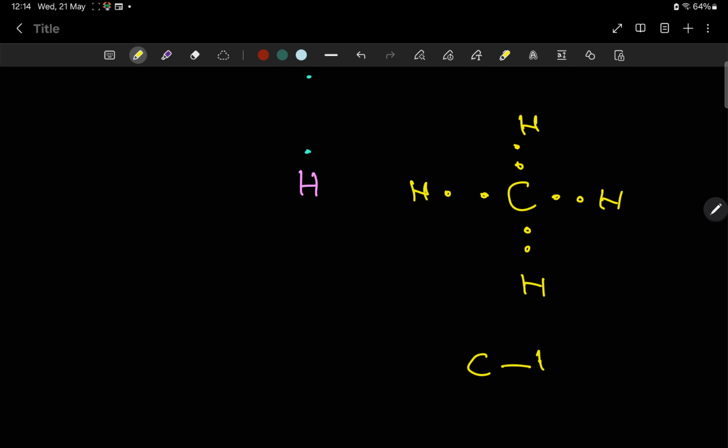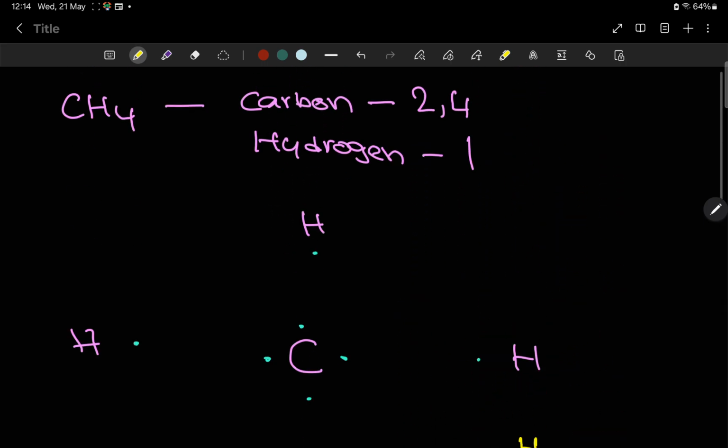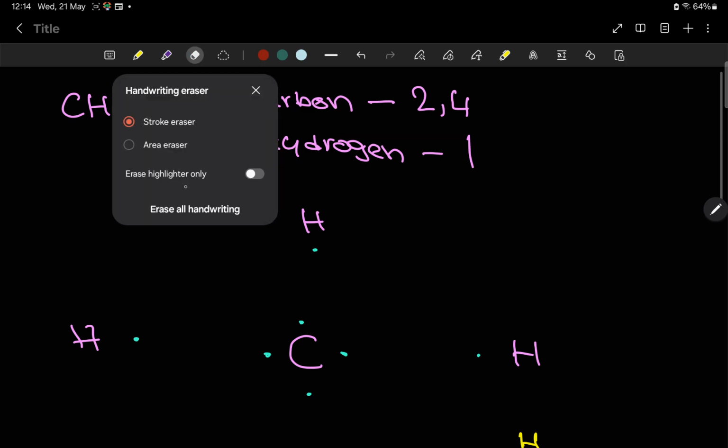So C has a single bond to H, single bond to H, single bond to H, single bond to H. This will be the electron dot structure, or we can write it in terms of the bonds formed. Now let's see another example.